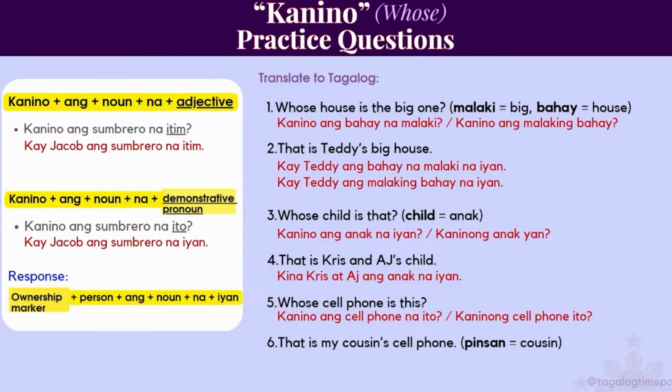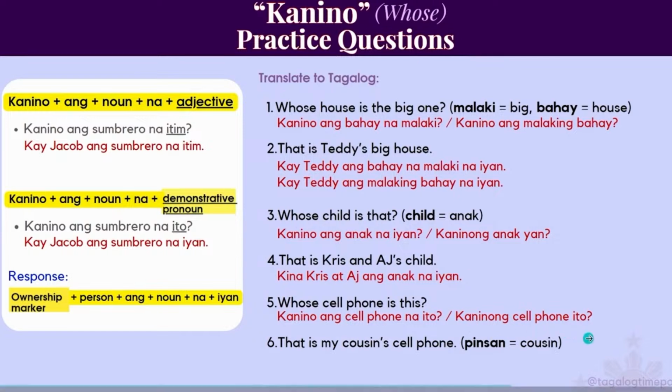Number 5, whose cell phone is this? Kanino ang cellphone na ito? So that's following sentence structure number 2. Kanino ang, the noun is cell phone, na, ito is the demonstrative pronoun. And just quickly speaking, someone might say, kaninong cell phone ito?